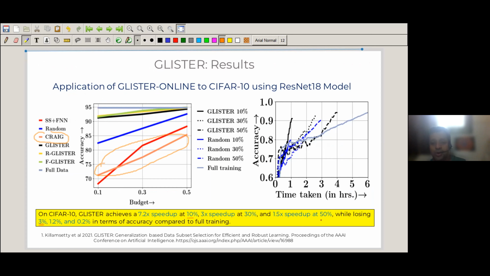But if you go for 50% data set, you'll get hardly any drop in accuracy, 0.2%. So depending on how much drop in accuracy you're fine with, you can be as aggressive in pruning. But the point is, even for just 3% drop in accuracy, you get almost 10x speed up. And it's, of course, significantly outperforming Craig, which was described earlier. Why? Because it has taken a more principled approach.